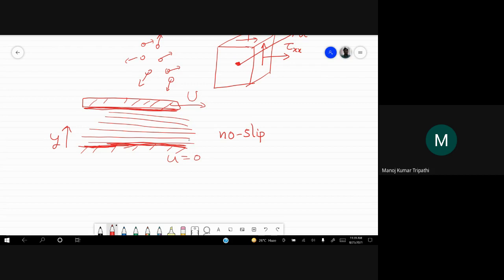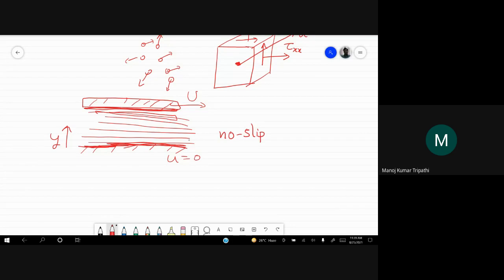Now the top layer is moving, the bottom layer is not moving. The top layer will try to move the layer adjacent to it, but that will resist. So there is some friction, you can say. There is some resistance between the two layers. That is known as viscosity.